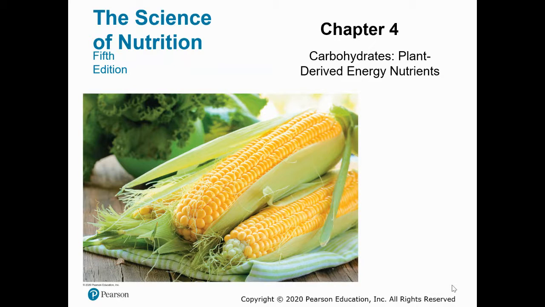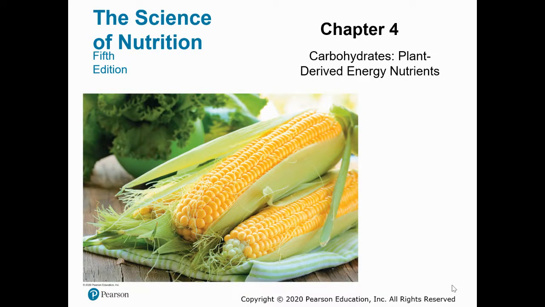how our bodies harness the calories that are in carbohydrates, lipids, and proteins. And then we'll also talk about some of those other functions, particularly of lipids and proteins, right? Because I said that proteins, we really don't derive a ton of our calories from proteins, although they do contain calories.